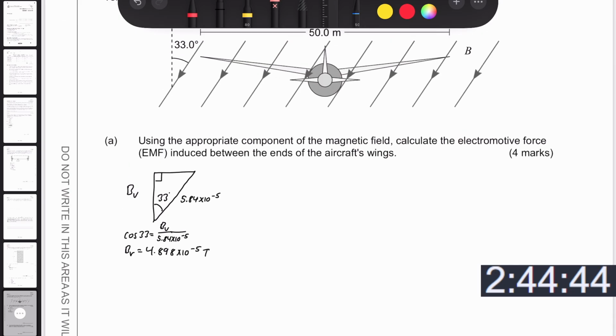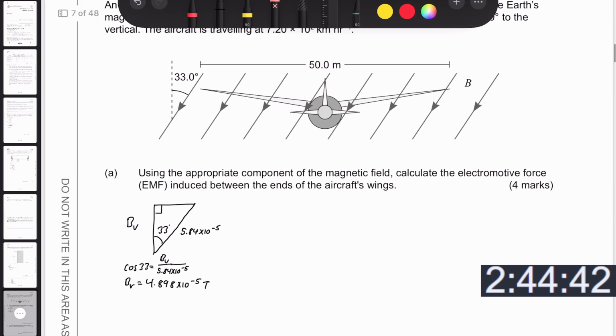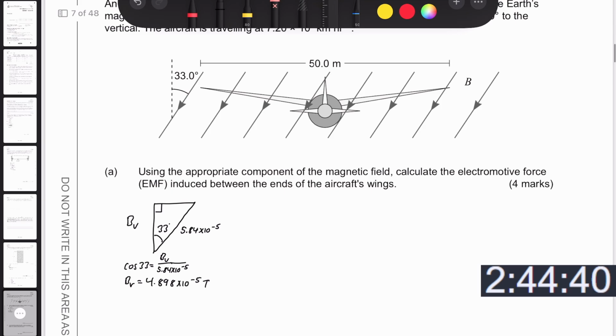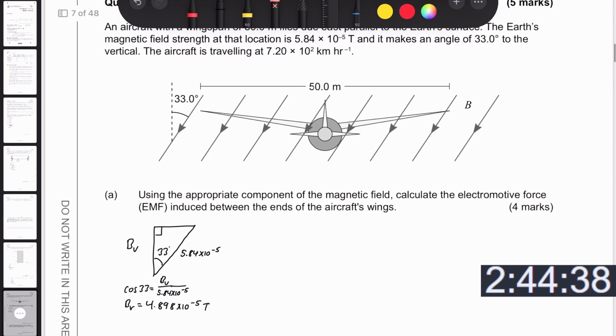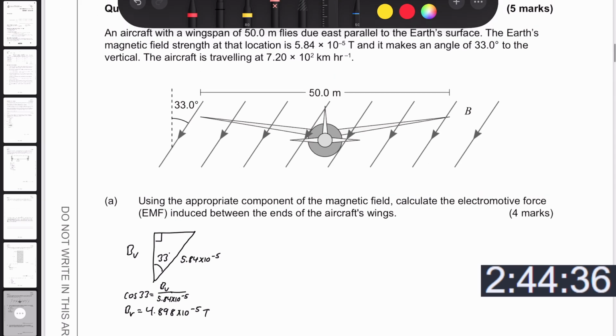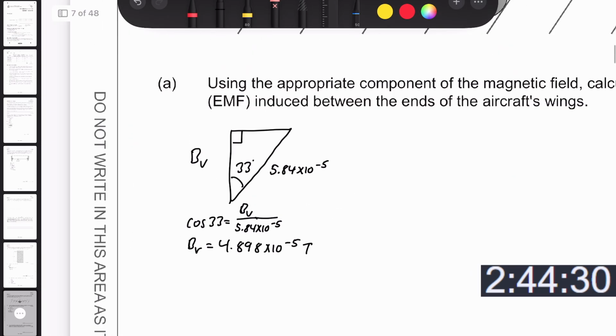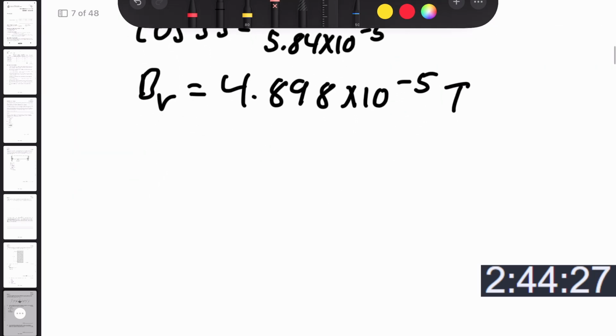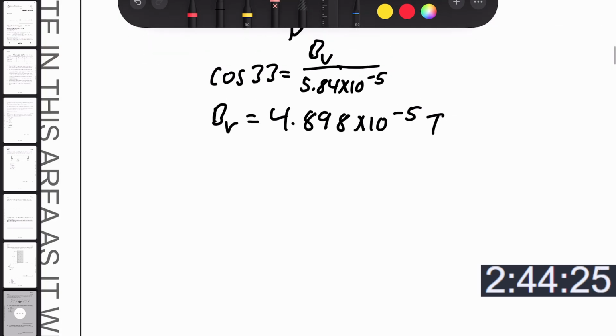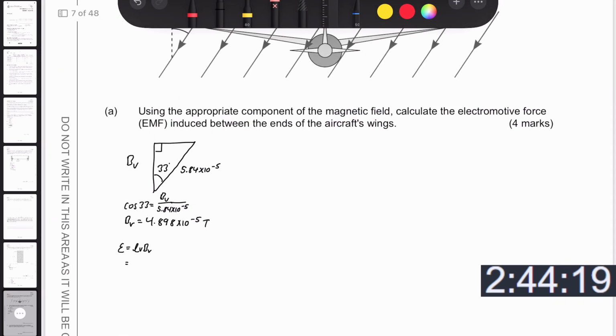So then EMF induced is length times velocity times B, the appropriate component of the magnetic field. So EMF is going to be L v B vertical. It's 50 meters.